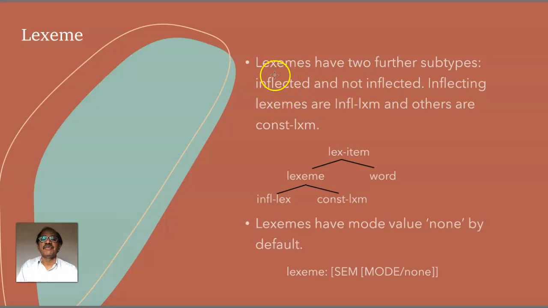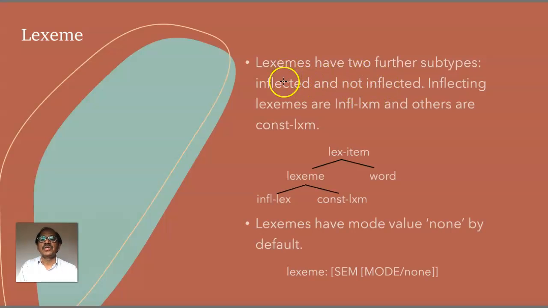Why are we saying this? If you take a verb like kill or love or dance, they can be inflected. That means you can get an inflection on them. But if you look at words like to, in, that is prepositions, or conjunctions like and, or, they are not inflected, right?